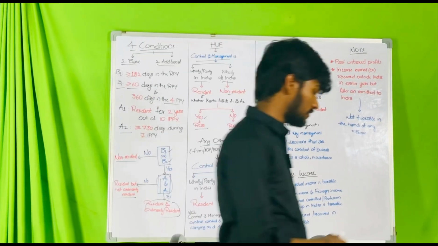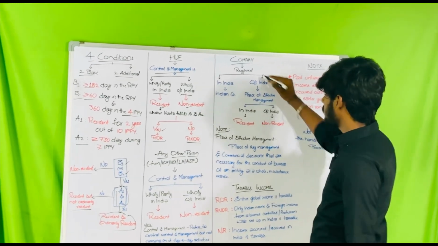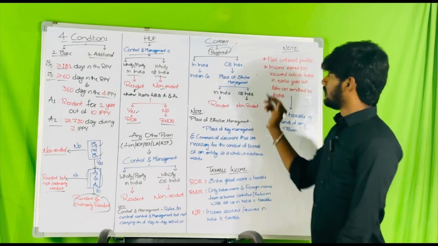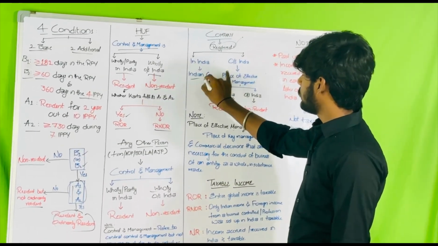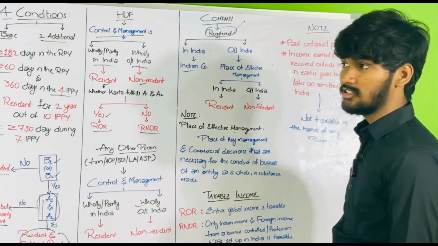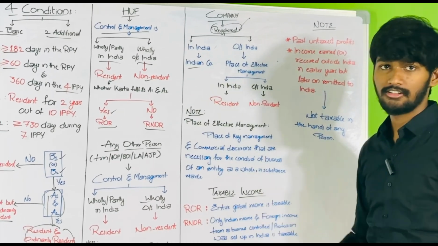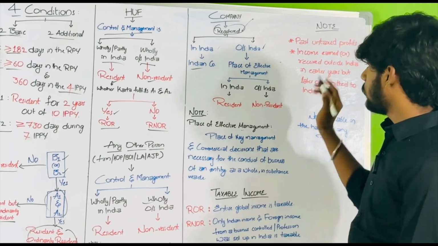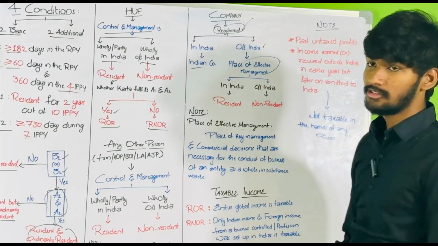And coming to the companies, if the company is registered in India, it becomes an Indian company. So its residential status is resident. But if the company is registered outside India, then we have to check the place of effective management.